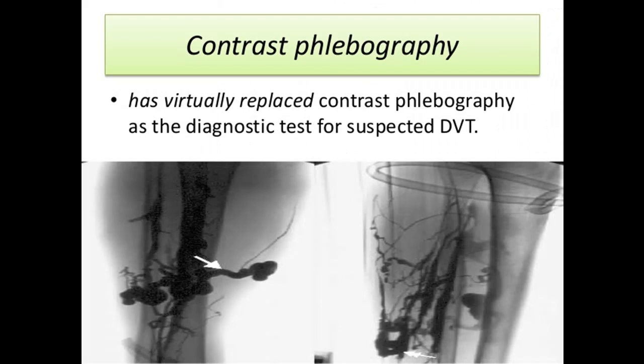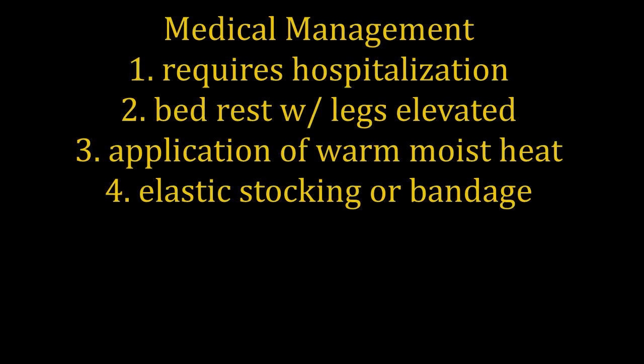To continue, the objectives of treatment for DVT are to prevent the thrombus from growing and fragmenting. Medical management requires hospitalization, which includes bed rest with legs elevated 15 to 20 degrees above the heart level, with knees slightly flexed and trunk horizontal, and the head may also be raised, to promote venous return and to help prevent further emboli and prevent edema.